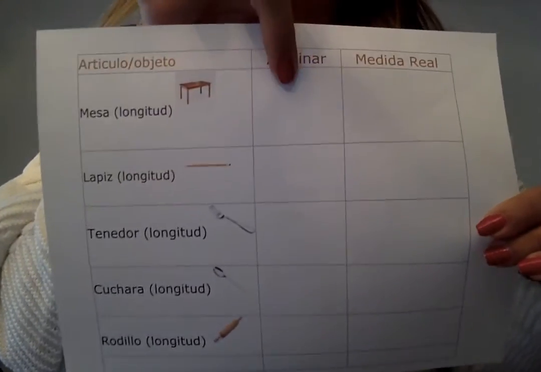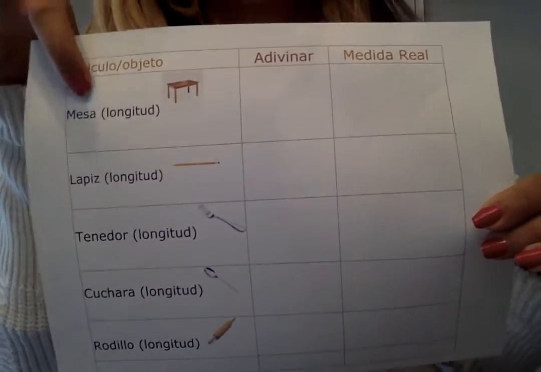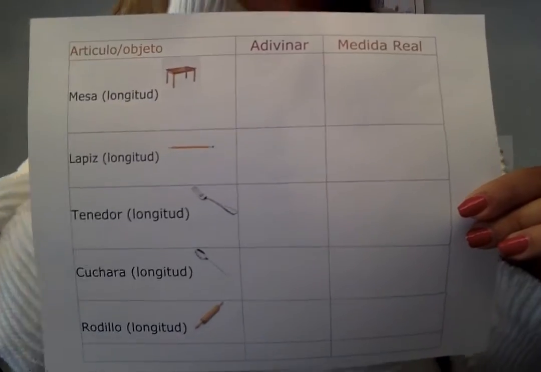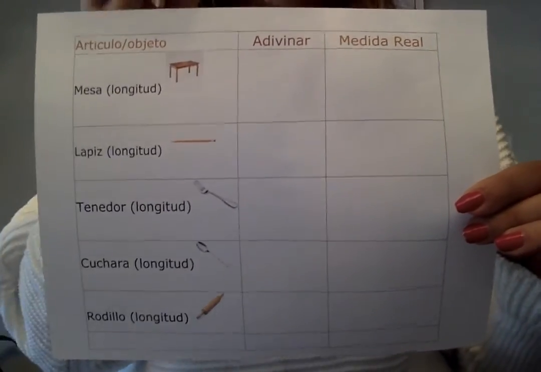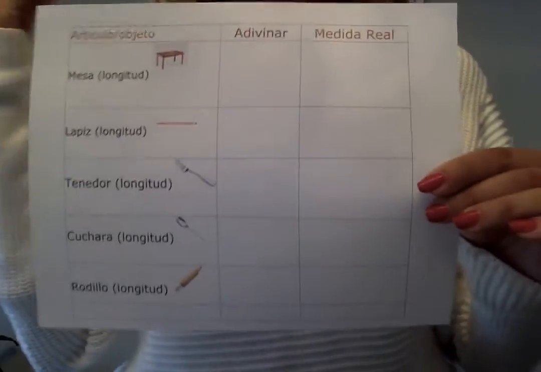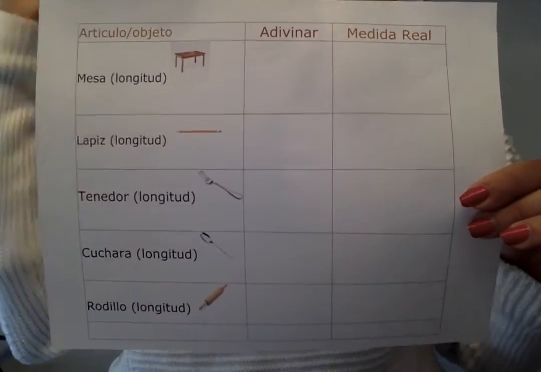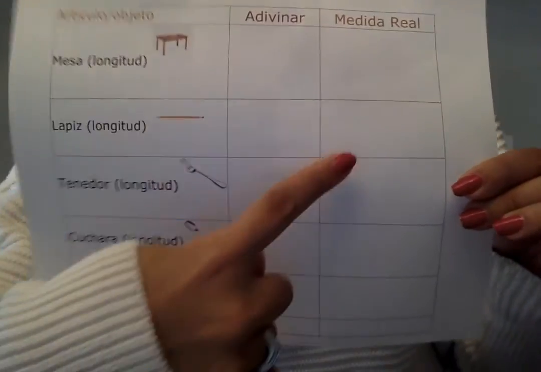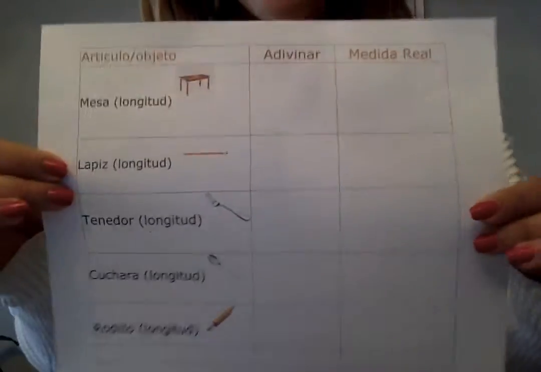Quiero que adivinen más o menos cuál es la medida que creen que la mesa tiene. And then you are going to take the unit that you're going to use to measure. Después van a usar la unidad, los paper clips, los clips, los granitos, the beans, whatever you're going to be using to measure these objects, you're going to write the numbers here, okay?